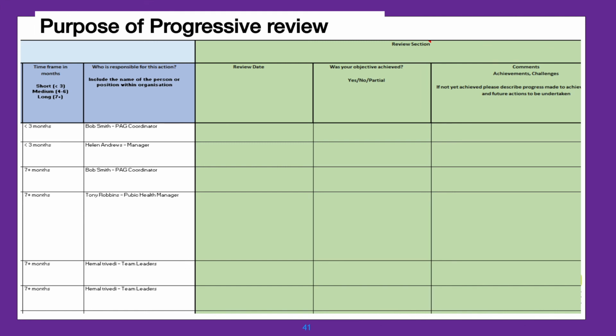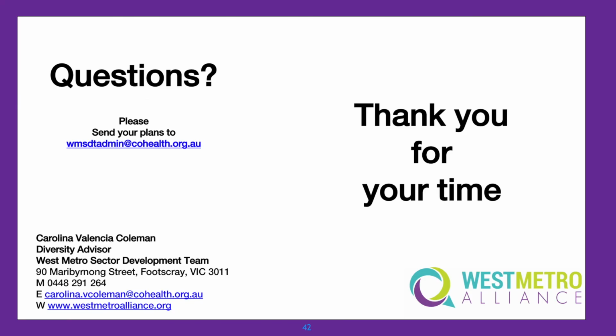It's, I guess, a live recording of your information so that it's present and you are tracking. And when it comes to review time, you're able to just bring this back up and send it to us when it's requested. So, do you have any questions?